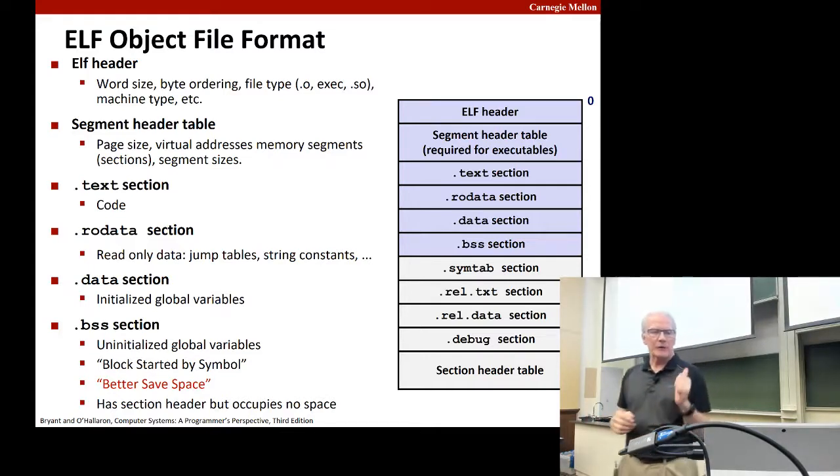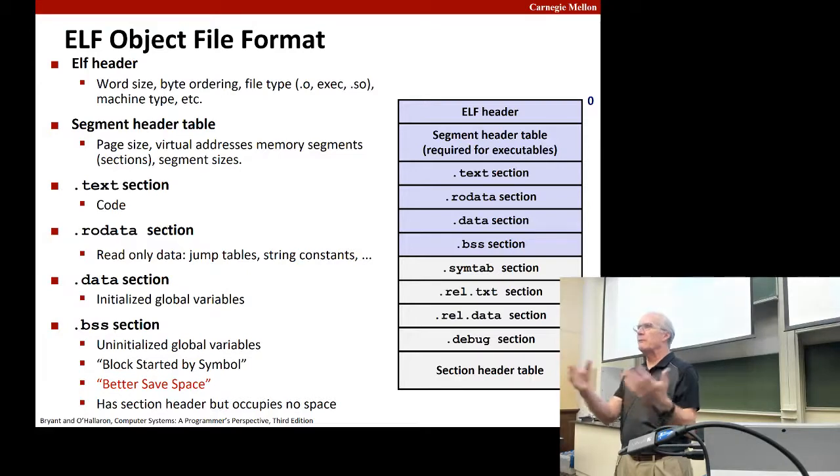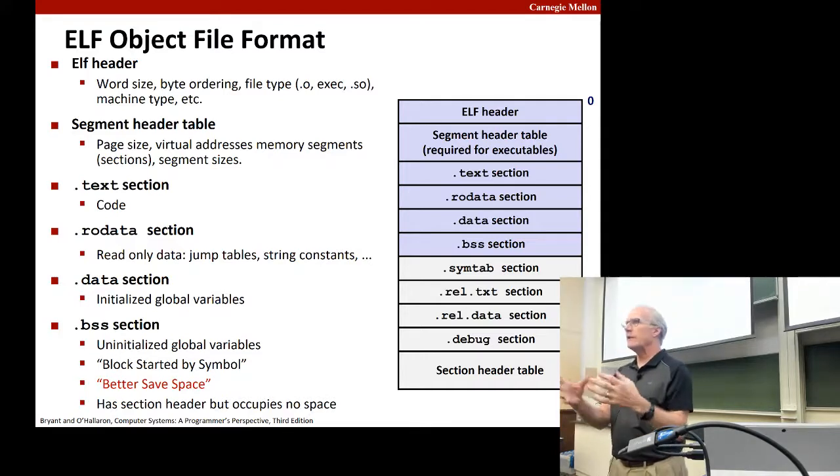I'll also mention, we won't really go into it, but the .debug section is interesting. That's how GDB, or any other debugger, works. You've noticed that when you have the source code available, you can set breakpoints and examine variables based on their names in the program. You might think that somehow GDB actually has access to your source code and is figuring all this out.